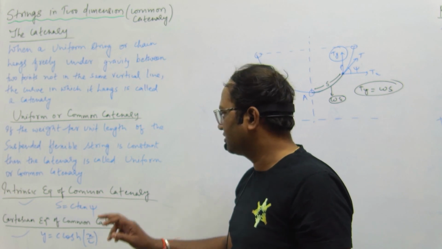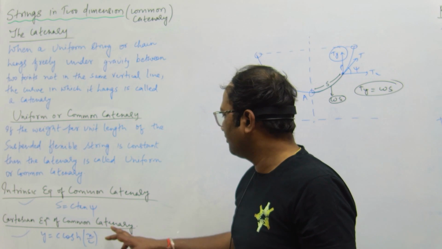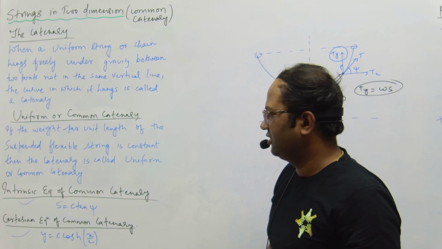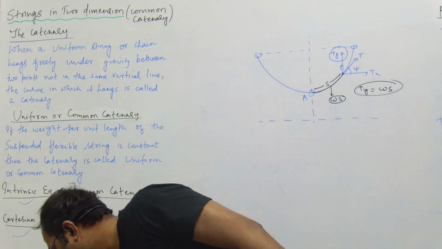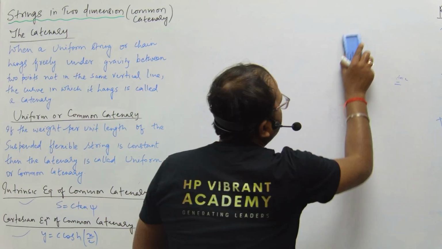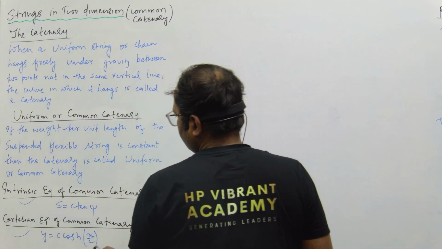This we have already discussed. Now we have the Cartesian equation of common catenary, y is equal to C cosh x upon C. This we have to prove. So let us prove this. How can we prove this?